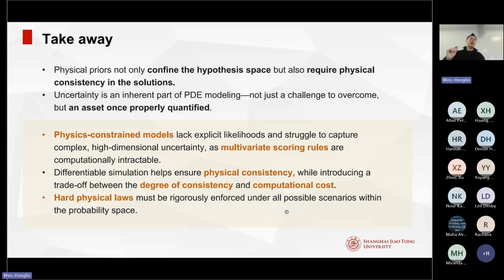So we use the physical constraints to define the feasible space, right? Then that can define an optimization problem. Then what we need is just to find the closest point from the feasible space. So the feasible space is defined by the physical constraints and equations we have at hand.